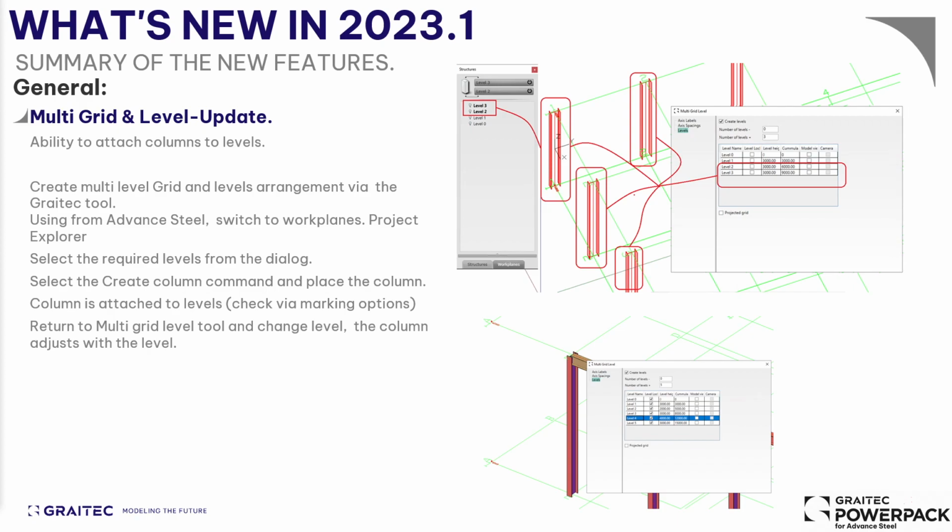When you do that, you can see that the column should lengthen to follow its new level height. So with the attachment of that, you can follow the standard process of Advanced Steel and work in conjunction with our multi-grid and level tool as well to create your primary structures.